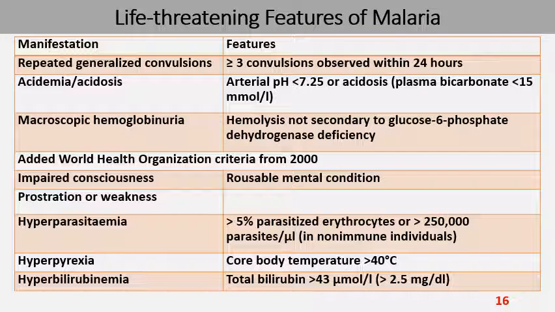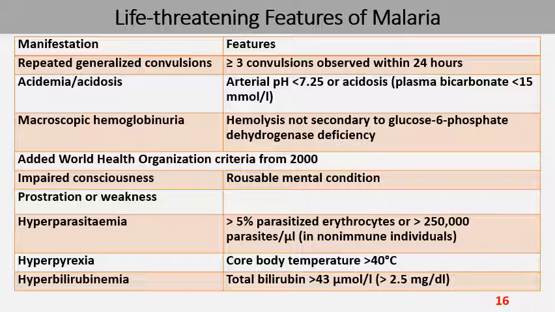Other features are repeated generalized seizures, more than 3 times within 24 hours, plus, of course, P. falciparum parasitemia. Acidemia or acidosis is defined as arterial pH of less than 7.25, or acidosis, defined by bicarbonate of less than 15 millimole per liter.